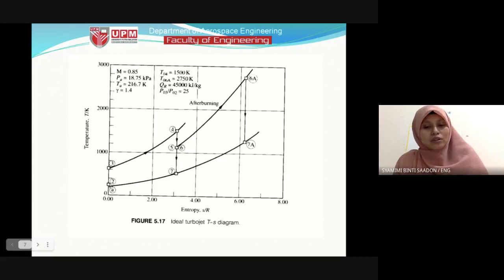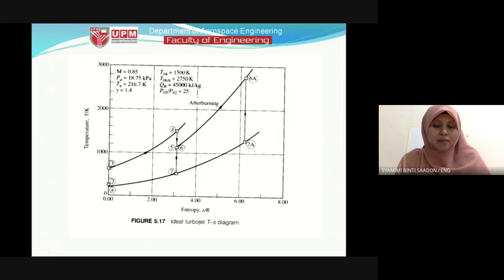Okay, so 2 to 3 we have the compressor. 3 to 4 is the burners, or the combustion chamber. 4 to 5 is the turbine expansion. And then if we have the afterburner operating, then 5 will go to 6A.